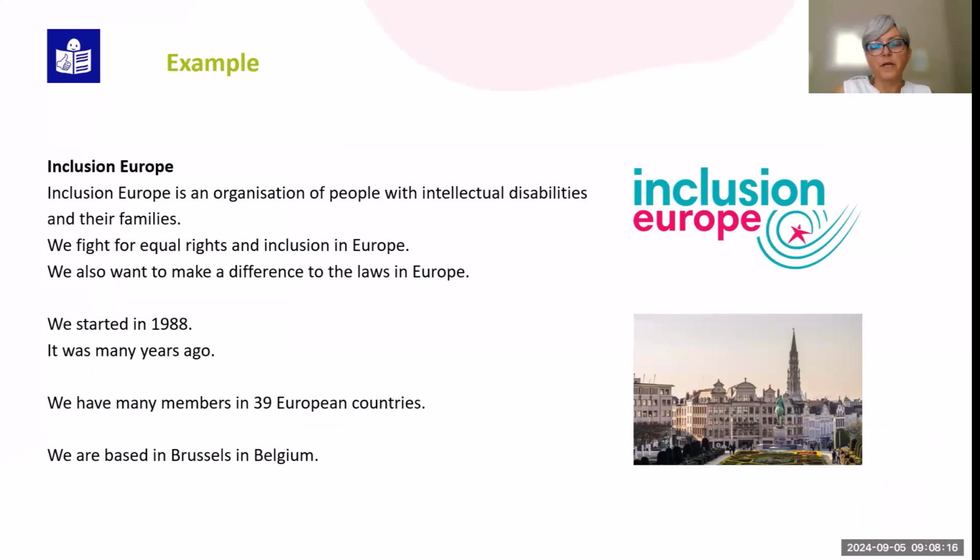And they first recognized the need for easy to read and started working on it with their local branches, because Inclusion Europe has its local branches in Europe, but they also network other organizations supporting people with intellectual disability.